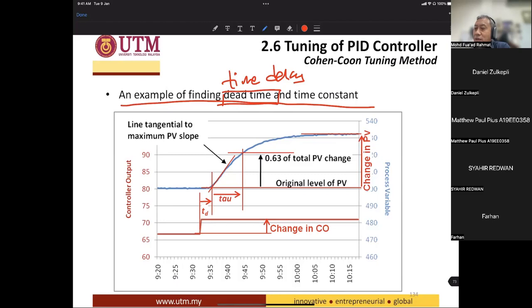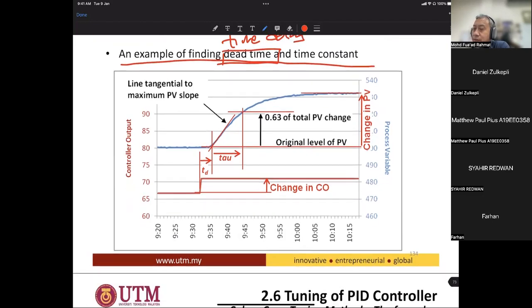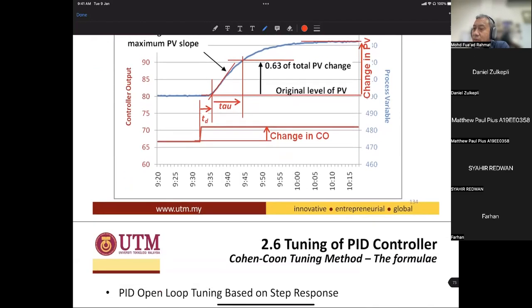So the tangent line is here, which is to the maximum of the PV slope. And then we measure the 0.63 of total PV change. And then we will get the time delay and the time constant. So the time delay is beside the time constant tau.